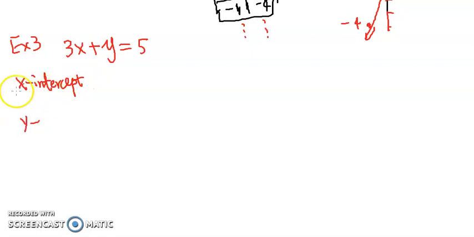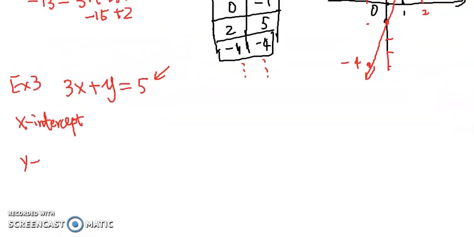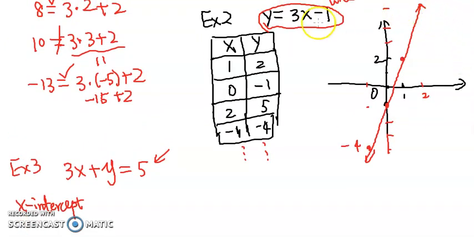The x-intercept is, so we know after we sketch the graph, we're going to get a straight line. And we can go over the previous example. The straight line, as you can see, cuts the x-axis right at this point, and it cuts the y-axis right at this point. So this red line intersects the horizontal line at this point and the vertical line at this point.